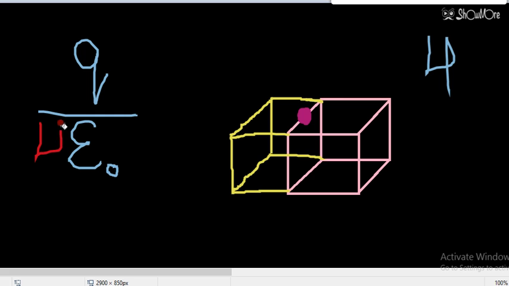So this is the flux for this particular case, when the charge is placed at the center of the edge of the cube. The center of any edge, it can be placed here, it can be placed here also, in this way. So wherever you get this type of question, you have to firstly complete the diagram and enclose the charge. When you enclose the charge, then you will get the answer. So this is the solution of the second question.